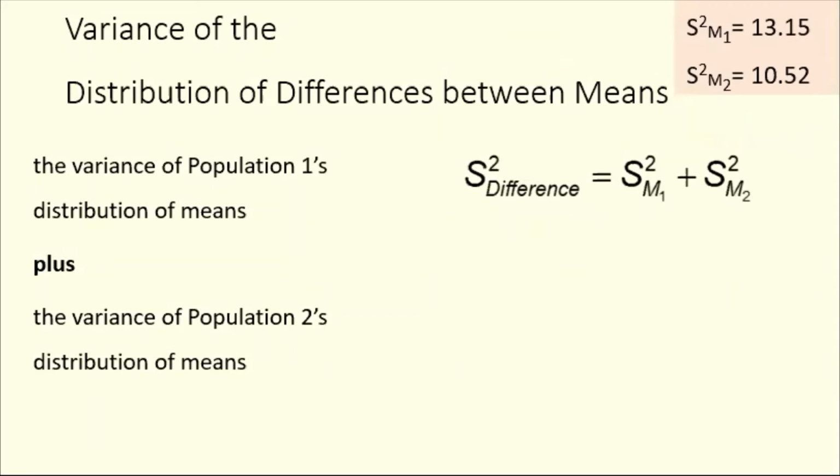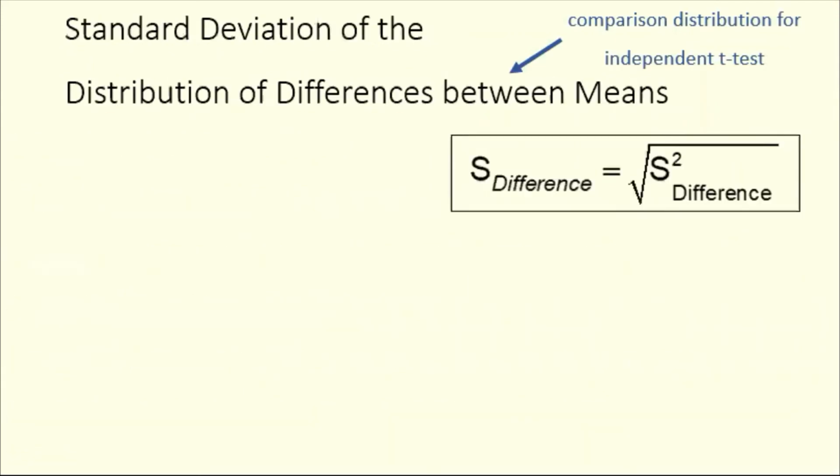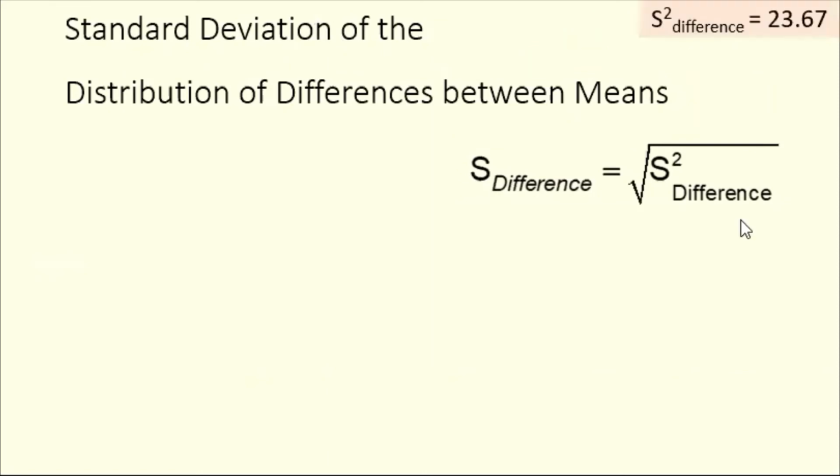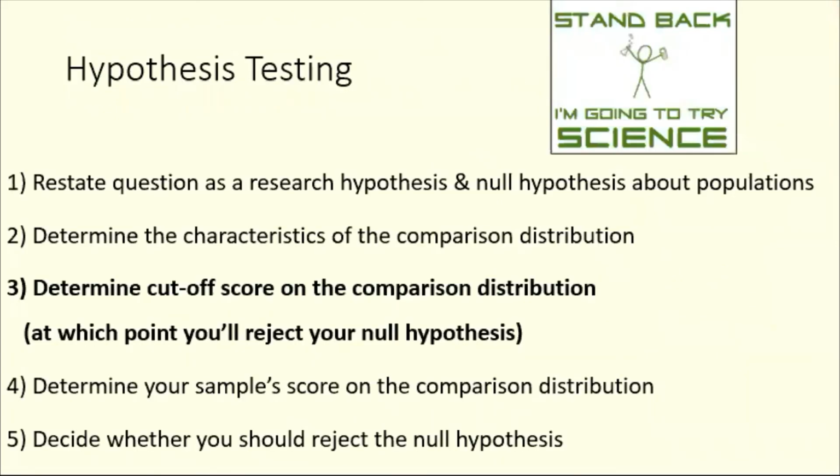So the things that we just calculated in the last step, we're just going to add. So 13.15 plus 10.52 equals 23.67. Lastly, to get the standard deviation, whenever we have a variance, we know we can get the standard deviation just by taking the square root. And so I'm going to take that number I calculated in the last step, get the square root, and I'm going to get 4.87. And this is what I wanted. Now I have all of the information I need from my comparison distribution.